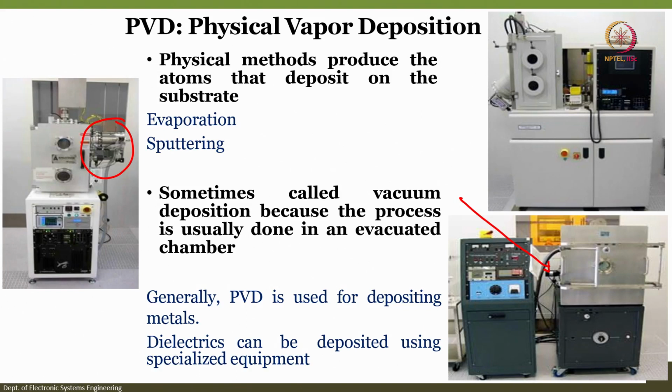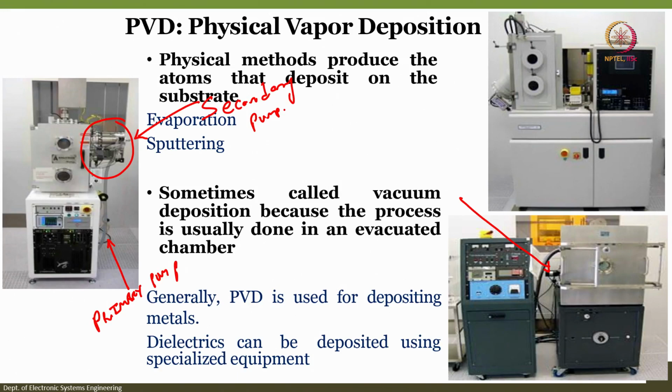There are generally two gauges. So, this is, by the way, the secondary pump, and then always there is a primary pump. Primary pump and secondary pumps are used to create vacuum.